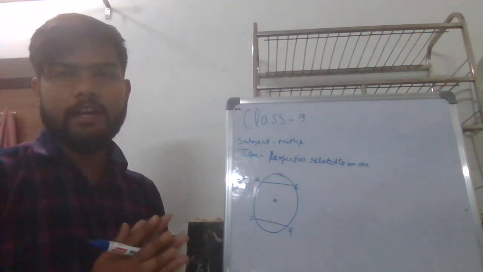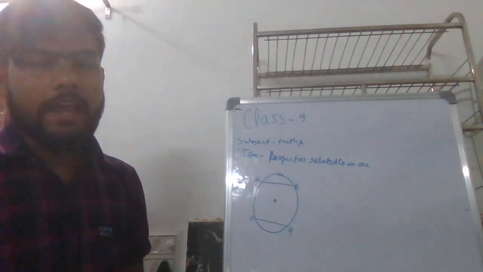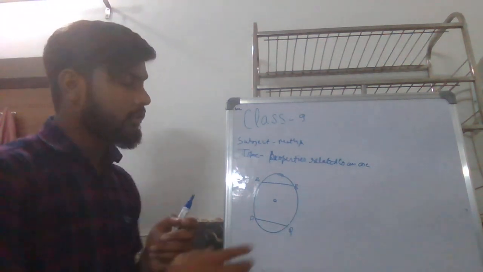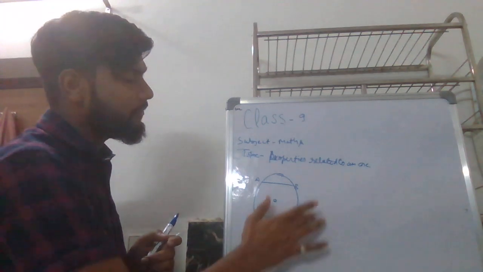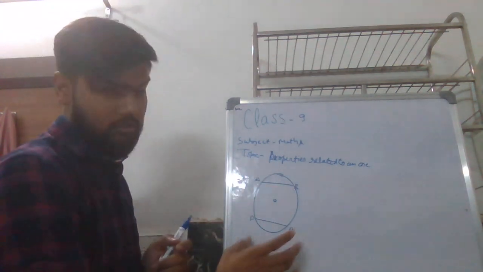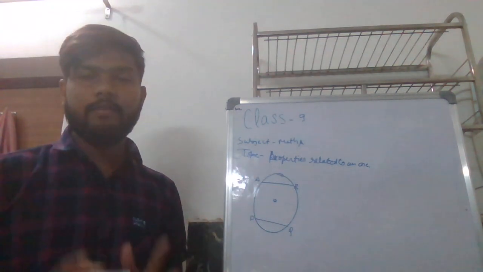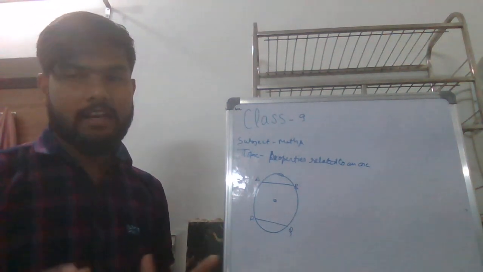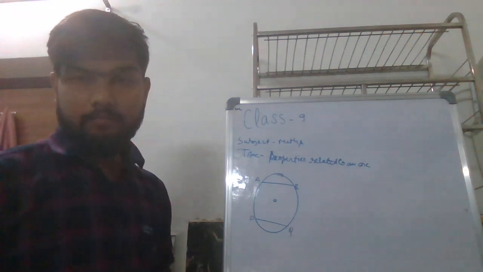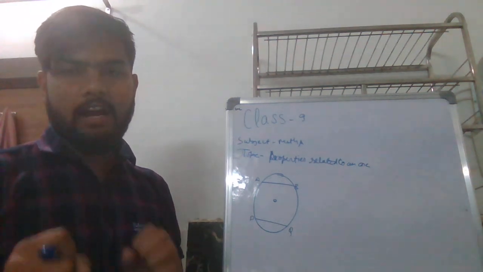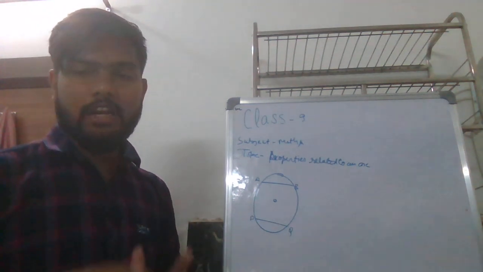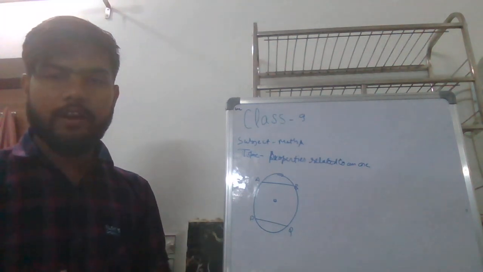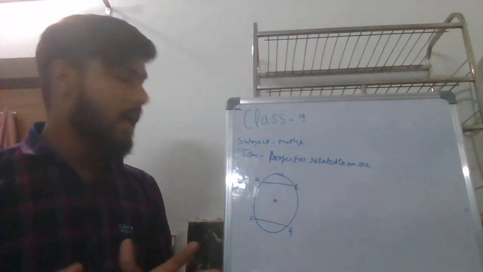From this circle we come to know the property: if two chords of a circle are equal, then their corresponding arcs are congruent, and conversely, if two arcs are congruent, then their corresponding chords are equal.